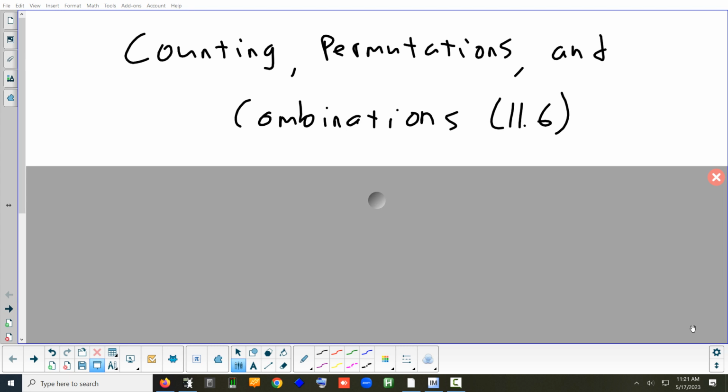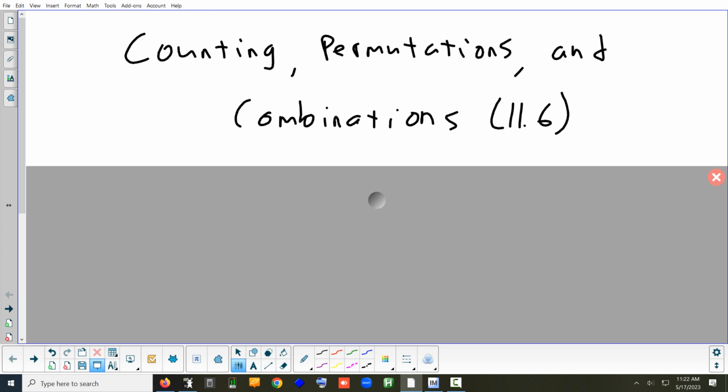So the last section we're going to look at in 11.6 is on combinations, permutations, and counting. Counting is pretty much the first thing you have to do if you want to do probability, because probability is the chance that something's going to occur. So usually the way you figure out a chance of something happening is you take the total number of outcomes that could happen, you put that in the bottom of a fraction, and in the top, you count the number of favorable outcomes.